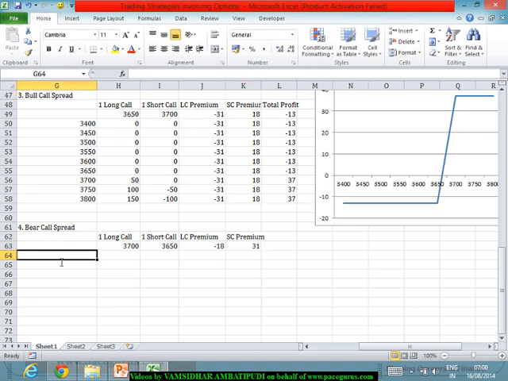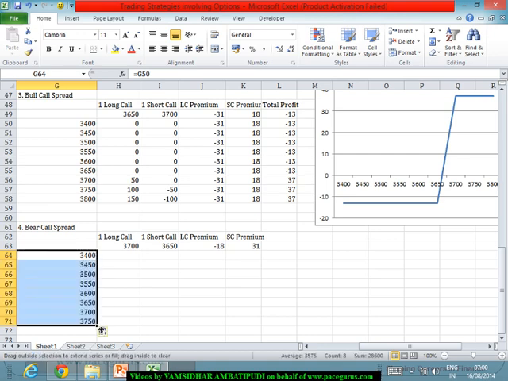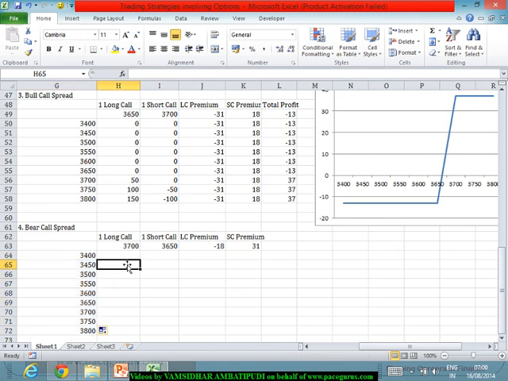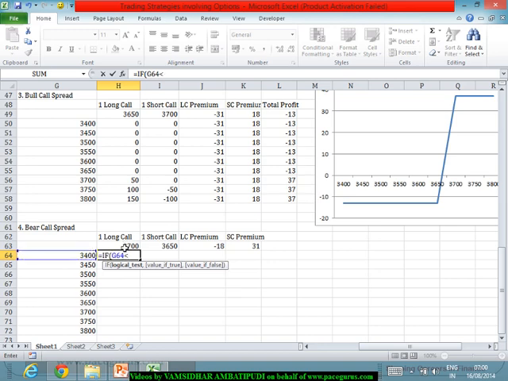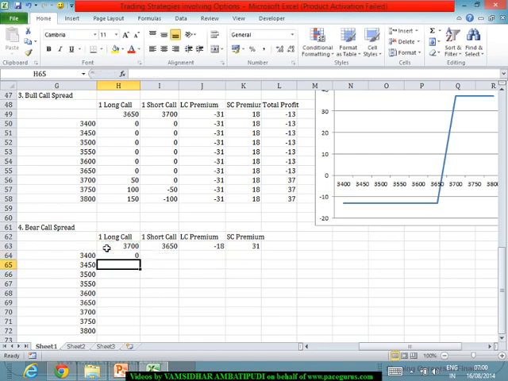Now, if I check out what is going to happen for different market prices on the expiration date, all I could see is, okay, a long call 3,700, I will exercise it only if the market price crosses 3,700. So when the market price is below 3,700, there is no payoff coming up. But the moment it crosses 3,700, the difference between the market price and the strike price comes out as the payoff.